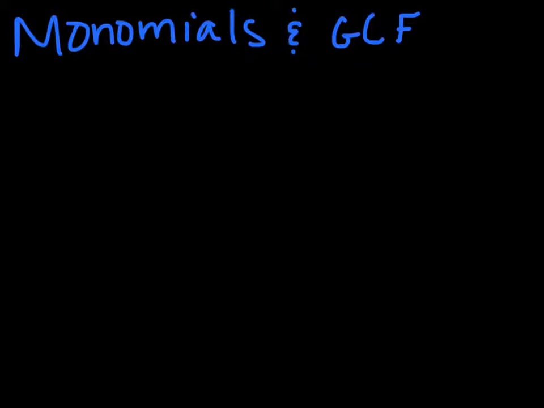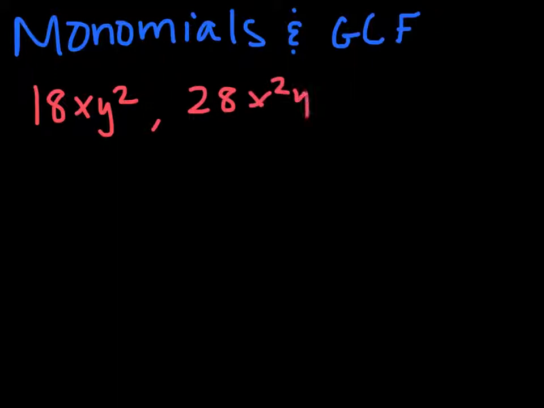In Chapter 4.1, we learned about monomials. Now let's figure out how to find the greatest common factor of monomials. Let's begin with this example: 18xy squared and 28x squared y squared. So how would we go about finding the greatest common factor of these two monomials?